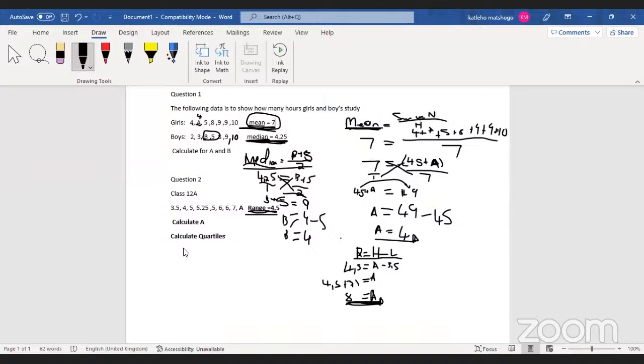We can stop and continue in the next class. This is everything that you need to know. From the next class, we're going to start from quartiles and go into percentiles.